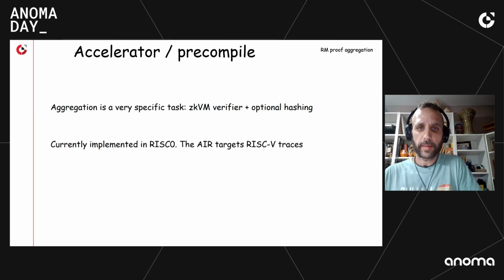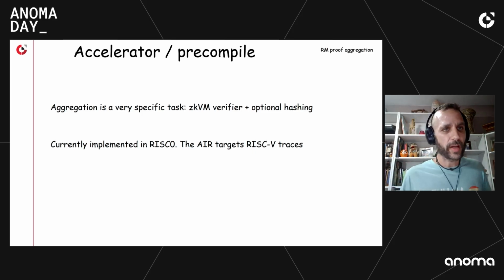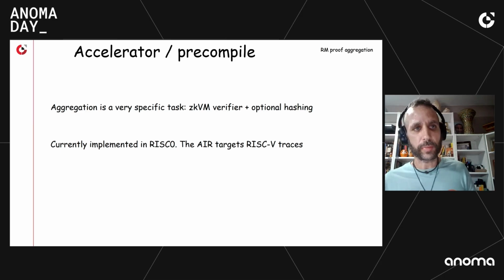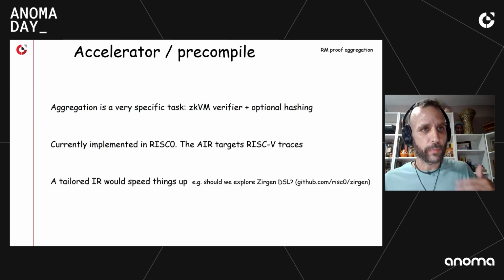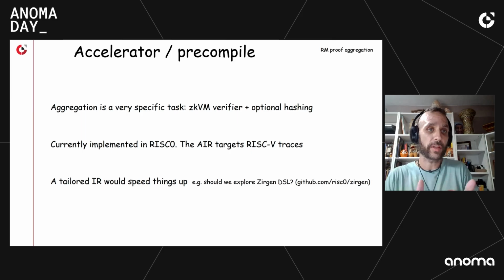So these basically are AIRs with many columns in them because we have to describe all the opcodes in RISC-V. Even though it's reduced, there are many opcodes. The question is, if we use a custom AIR for aggregation, we might be able to get fewer columns in there, so that would speed things up.